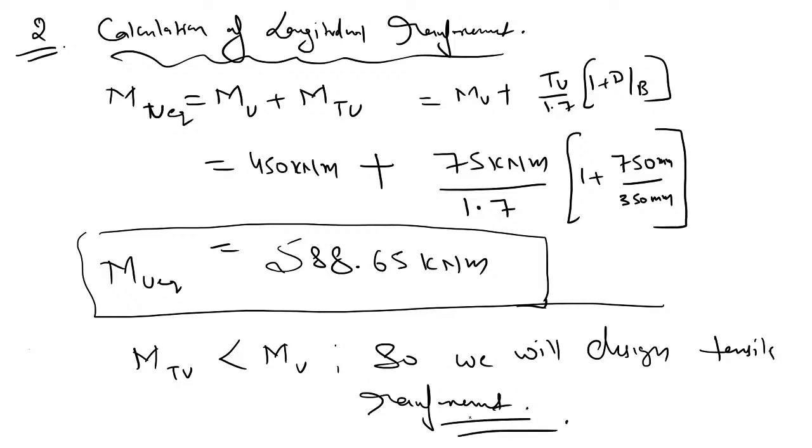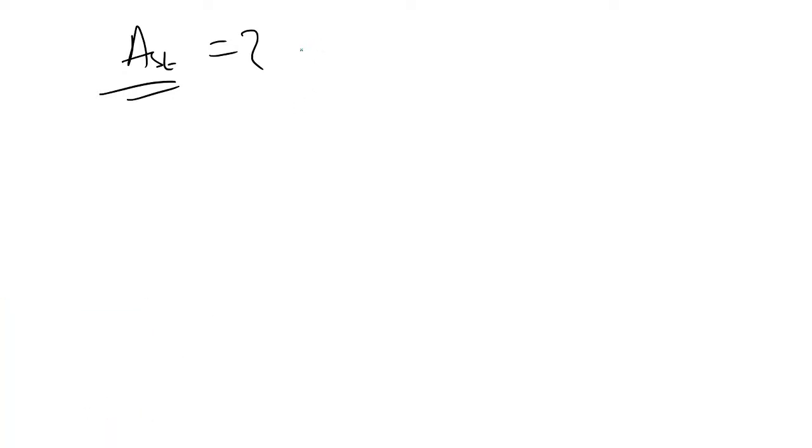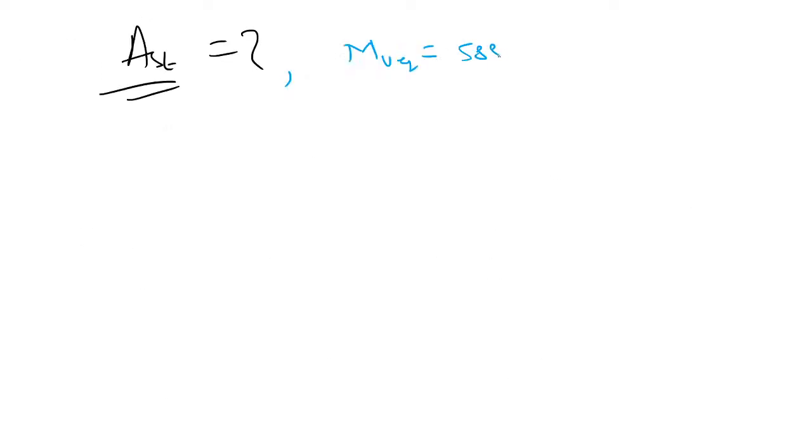Okay, so now it's up to you how you are going to evaluate the Ast. So how can you find the Ast? Step number 2 only. You have Mu equivalent, which is 588.65 kilonewton meter.